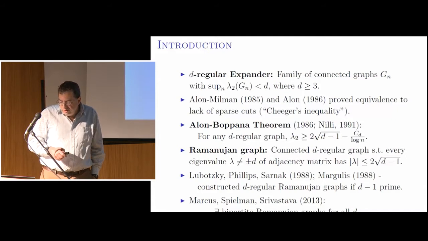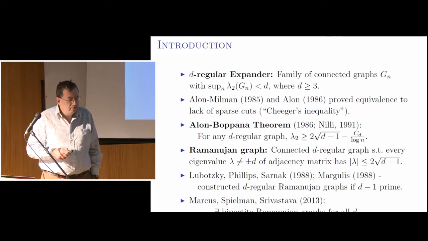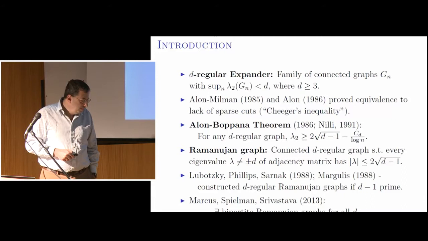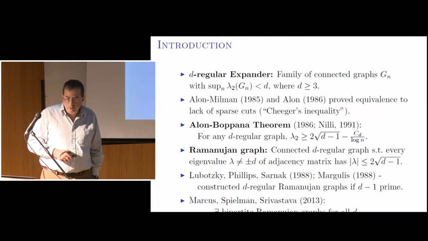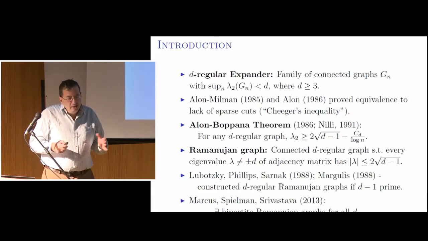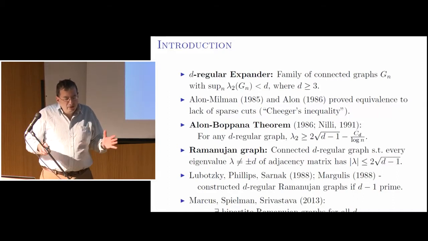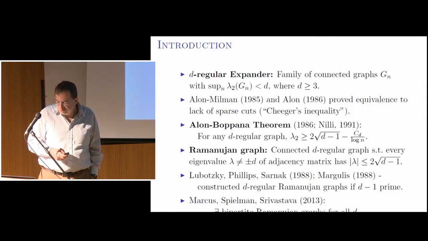And there's also a relevant refinement of this due to Serre, which says that, in fact, if you take any small interval near 2 root d minus 1, say beyond 2 root d minus 1 minus epsilon, you have a positive fraction of the eigenvalues.